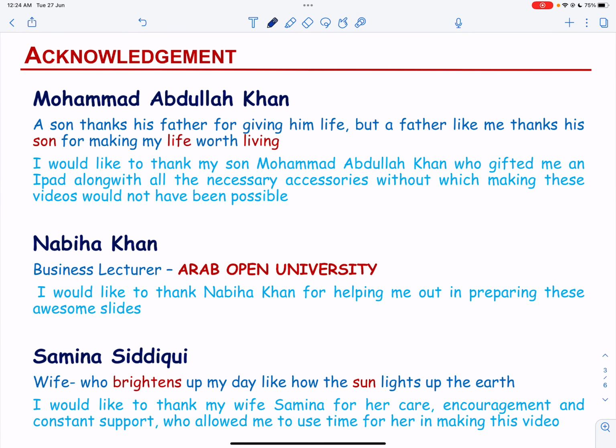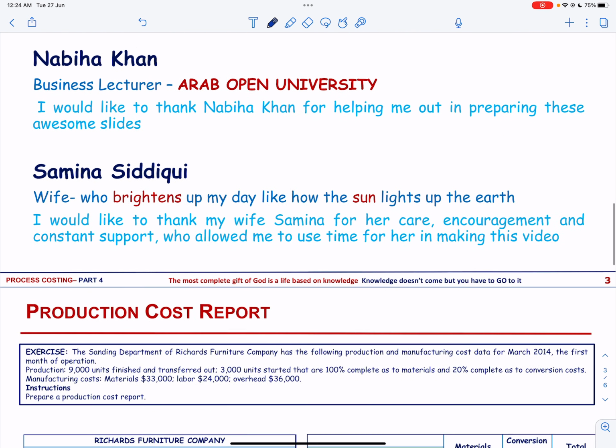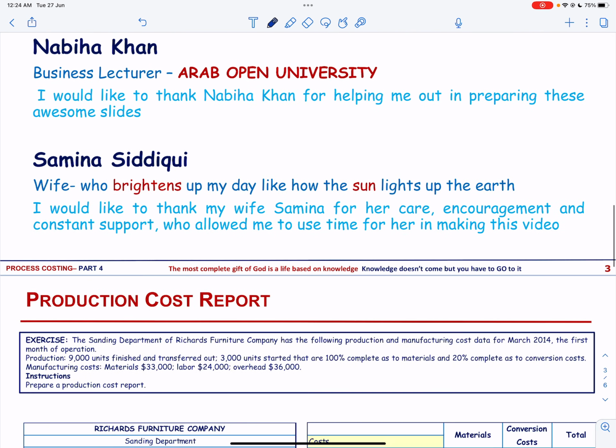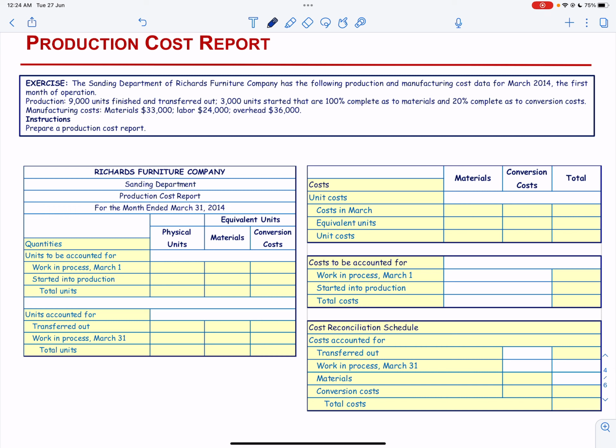So let us start with solving an exercise on how to prepare a production cost report. The sanding department of Richards Furniture Company has the following production and manufacturing cost data for March 2014, the first month of operation.